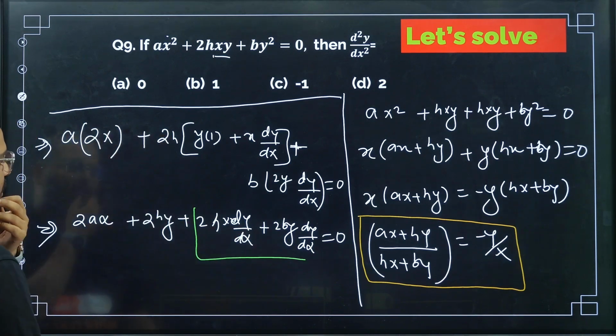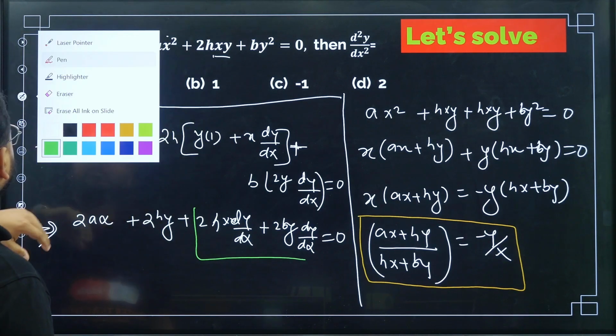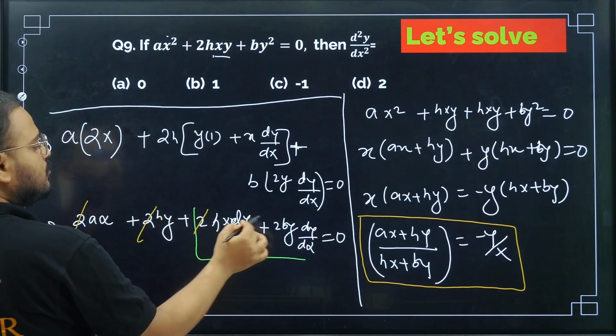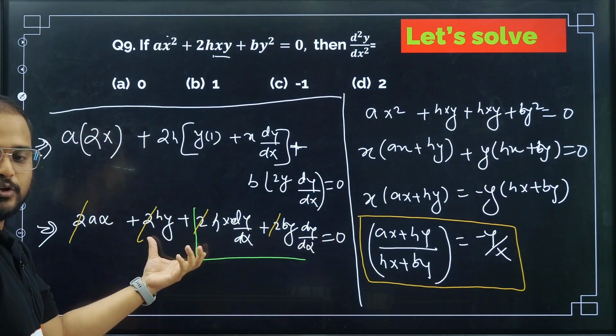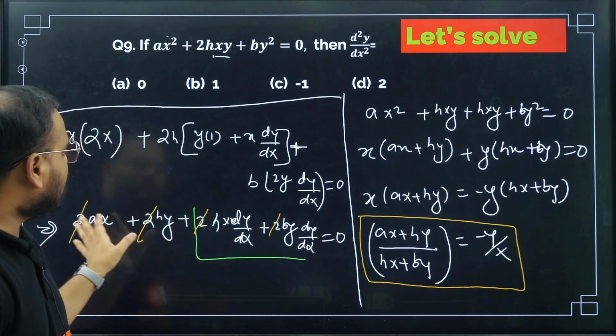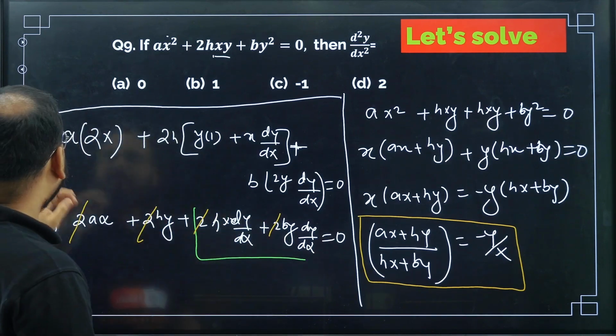Let's just do one thing. I can cancel this 2, this 2, this 2, this 2 with 0, because if I take the 2 common and bring it on the other side, it will become 0 by 2, and 0 by 2 is 0. So I'm cancelling this 2 entirely. What will my next step look like?